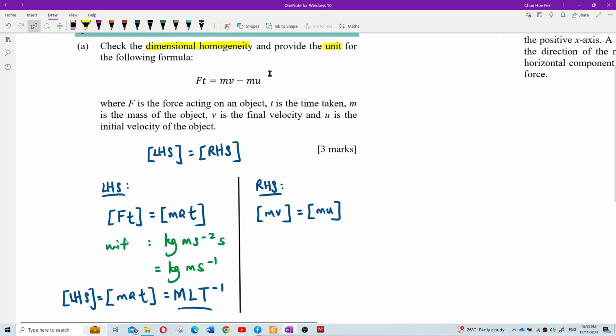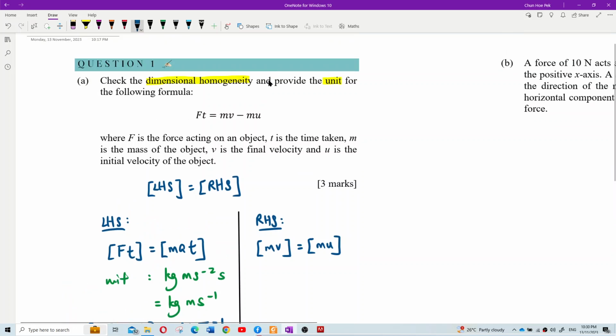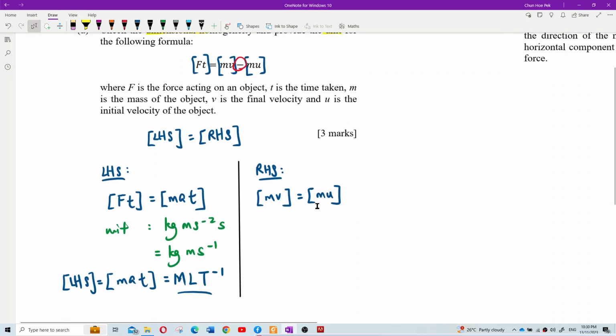So actually you must know that this dimension is equal to mv. You must treat this, if you have this negative sign, as meaning these two are separate terms. Okay, later I will write clearer for you.